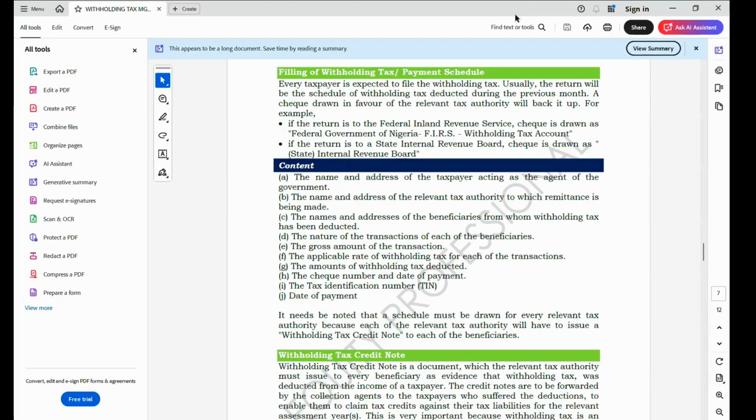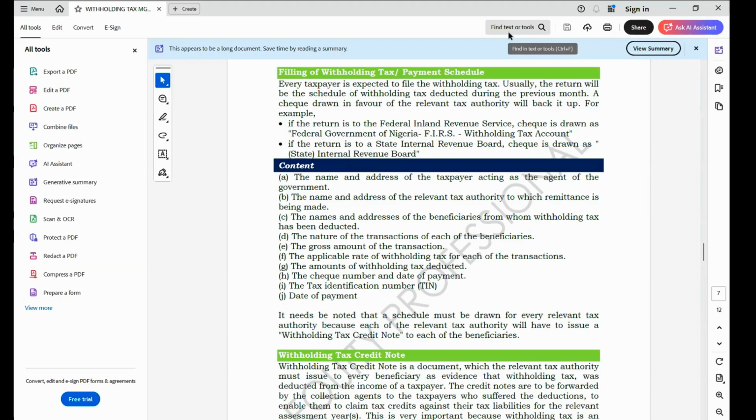No, that is not what I mean. If it is a company, we all know that the withholding tax relating to a company is payable to which relevant tax authority? FIRS. Yes. So whether the company is in Ogun State, or in Oyo, or anywhere in Nigeria, the withholding tax on that is payable to FIRS.